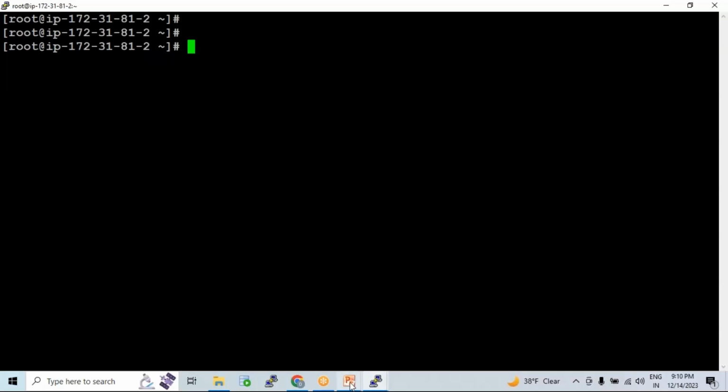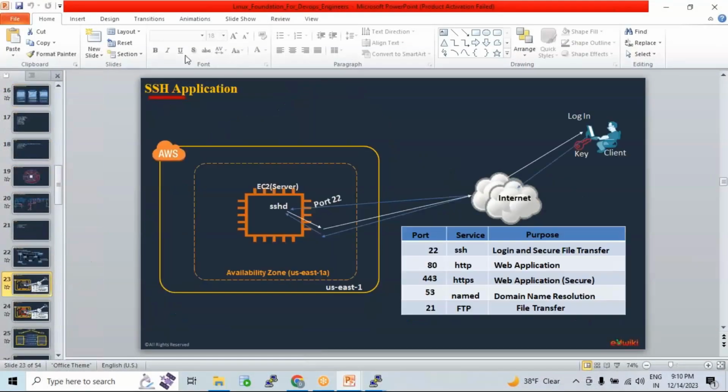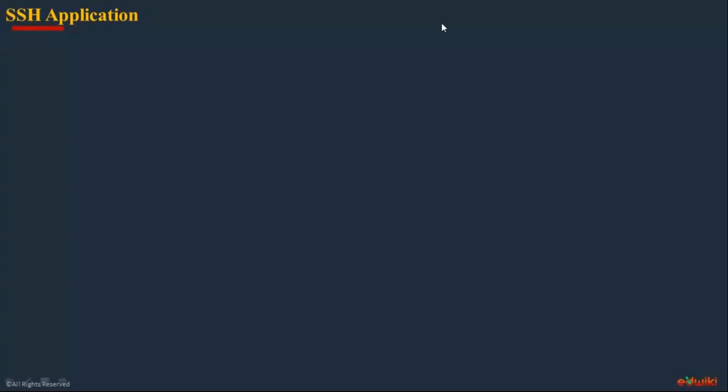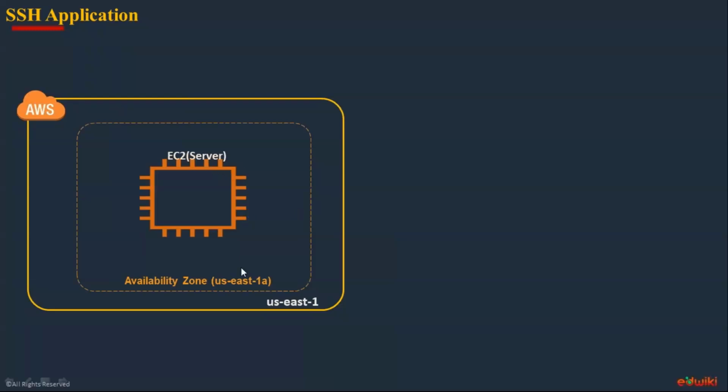Now, let me come back to the screen again, guys. I have created one EC2 server on the AWS Cloud in a specific region, right? And usually the server will be created in any one of the availability zones, right?